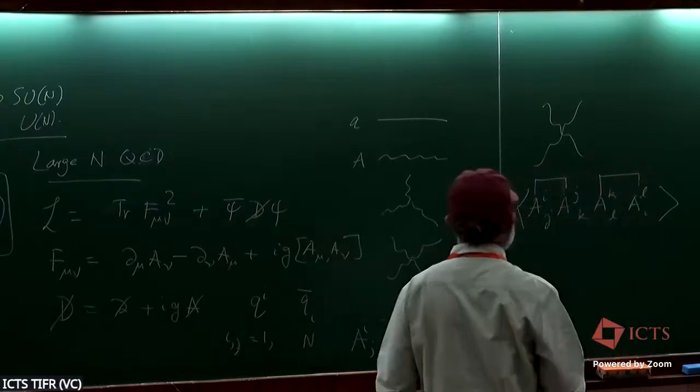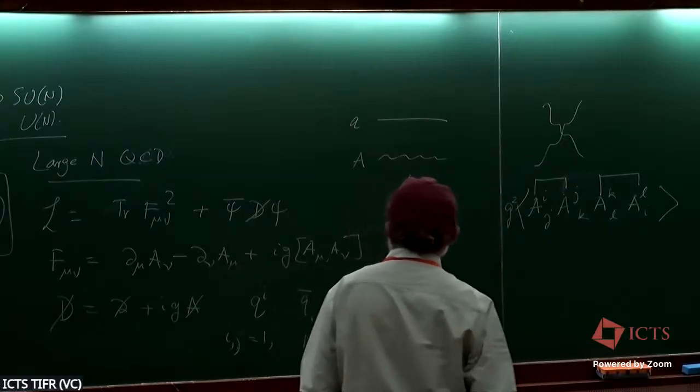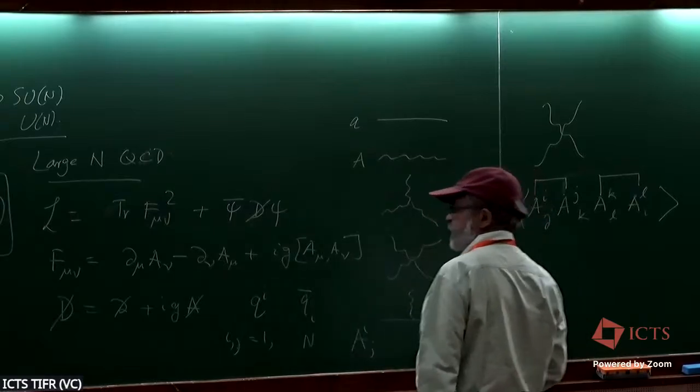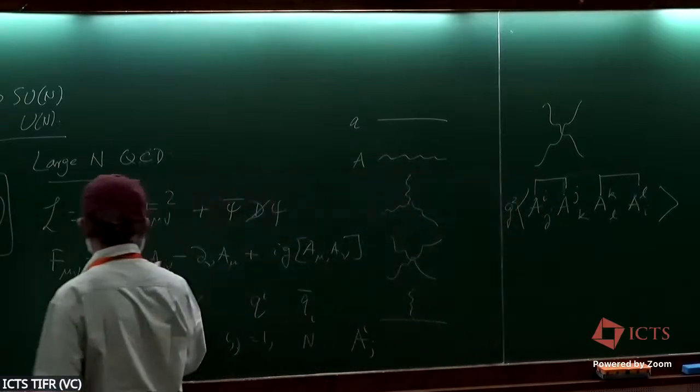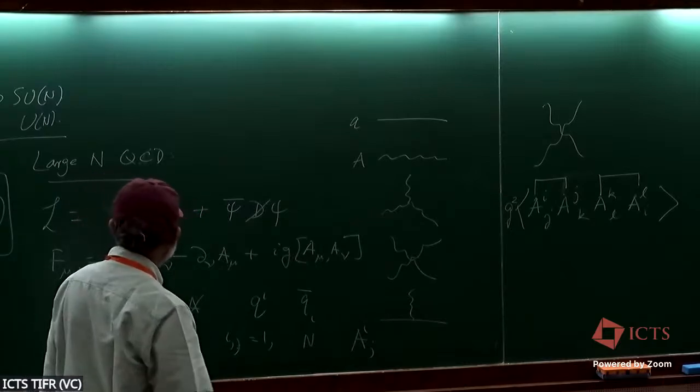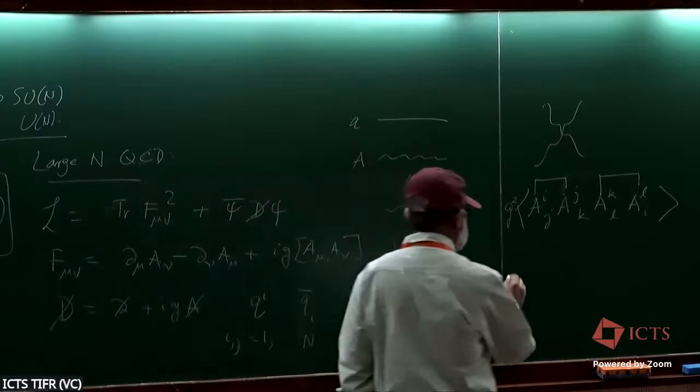Now let me see what the gauge propagators are. From here, you will get some del A whole squared kind of thing, but there's a trace. So the propagator has a structure.